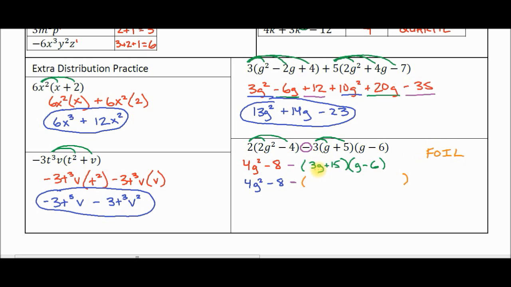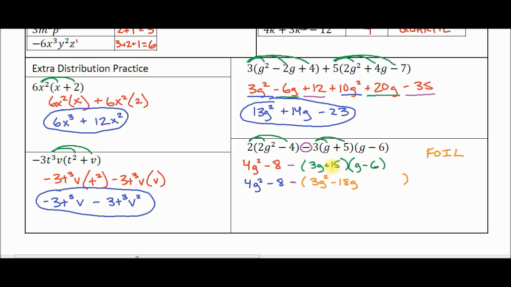Our first terms are 3g and g. 3g times g is 3g squared. What are our outside terms? They are 3g and negative 6. 3 times negative 6 is negative 18, with the variable g there. Okay, inside terms.